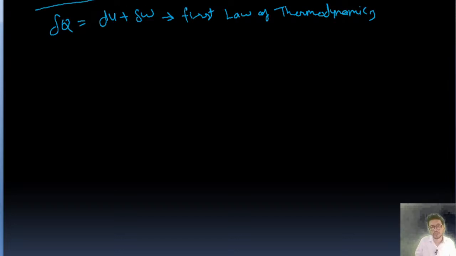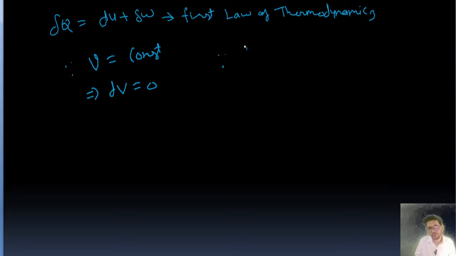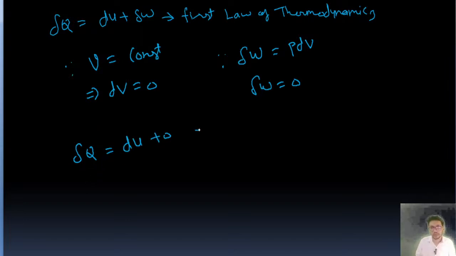So from here you can see, in the isochoric process V is constant, this means dV equal to 0, and we know del W equal to PdV, it's a path function. So dV equal to 0 means del W equal to 0. So in this equation del Q is going to be dU plus 0, which implies del Q equal to dU. So heat is equal to internal energy in the case of the isochoric process.